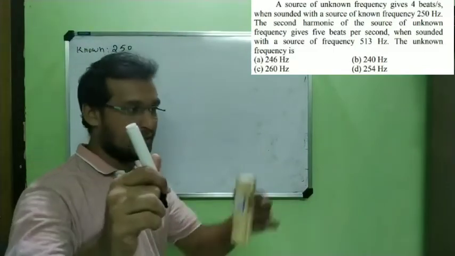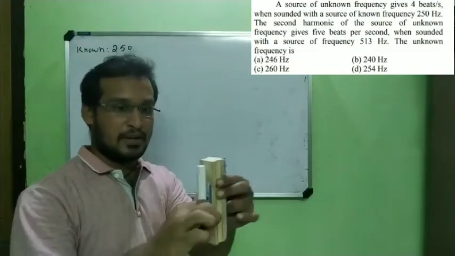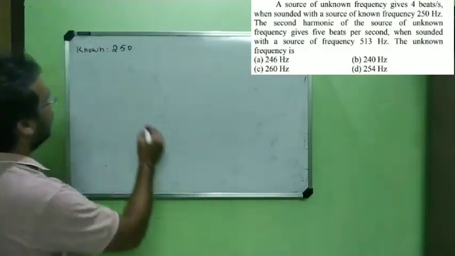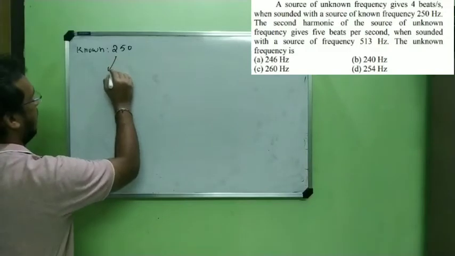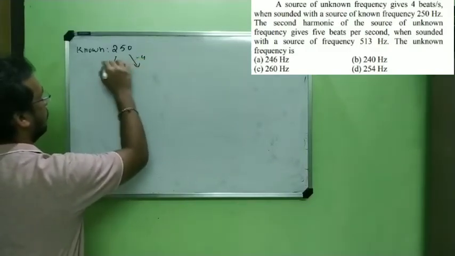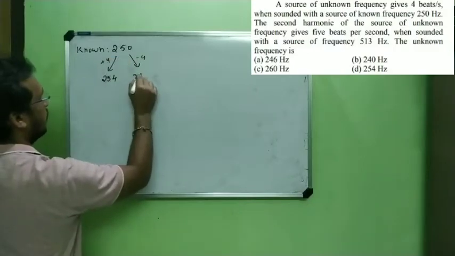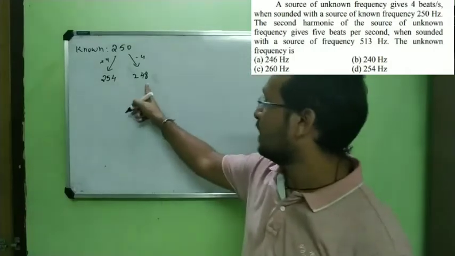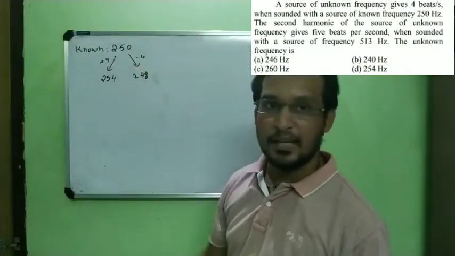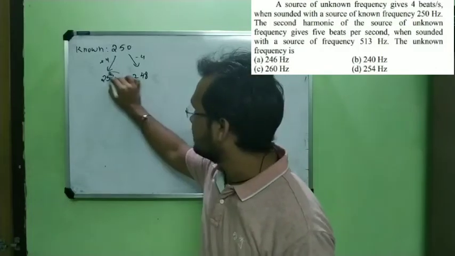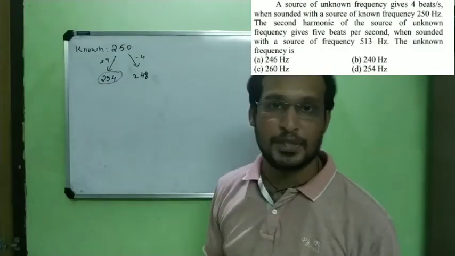If 4 beats are heard between two bodies, the difference in frequency is 4. So the unknown frequency will be either 250 plus 4, which is 254, or 250 minus 4, which is 246. Only one option has 254, so that is the answer.